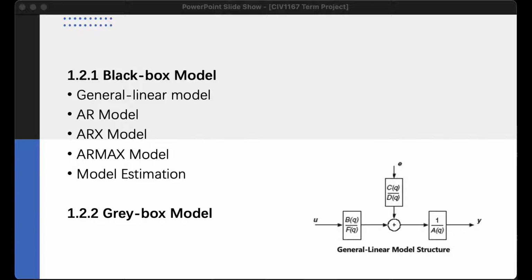You can select the gray box model to specify these partially known physical parameters or some constraints. Then you can estimate the remaining unknown parameters with partially known model estimation methods. Gray box model identification involves an optimization process to minimize the difference between the estimated output and the measured real output.